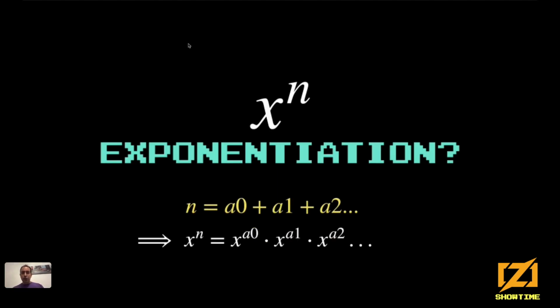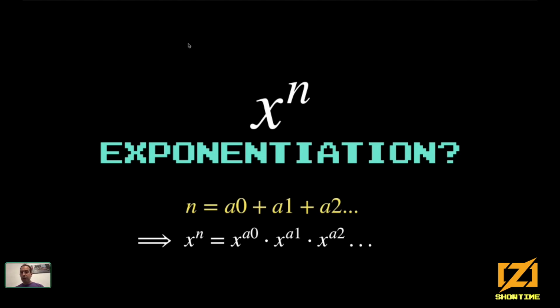Okay, so x to the n, what does that mean exactly? Exponentiation. Well, it just means that we recursively apply something n times to x. Okay, we said that already, but how do we compute an exponentiation mod p?